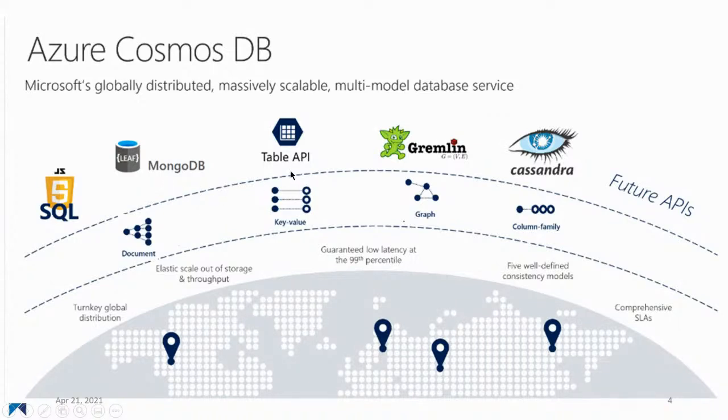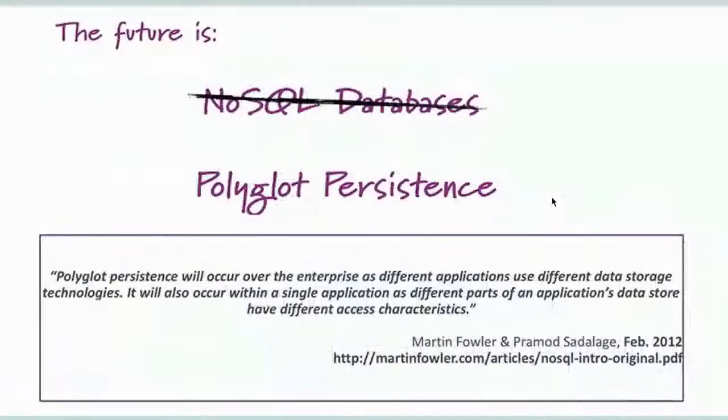And a key value store with the table API, the property graph database accessed via the Gremlin API, and the Cassandra API for column families.